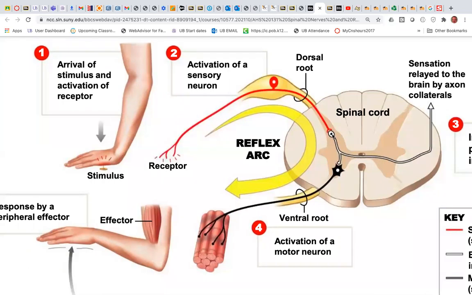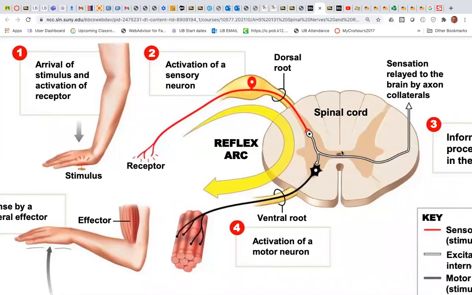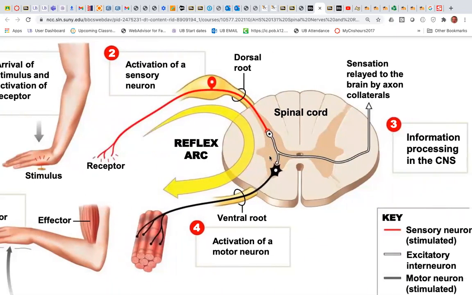And then there's some sort of processing or integration of information here. That processing of the information, this is referred to as an interneuron, aka association neuron. It's an interneuron because it's in between the sensory and the motor neuron. That's why it's called an interneuron.